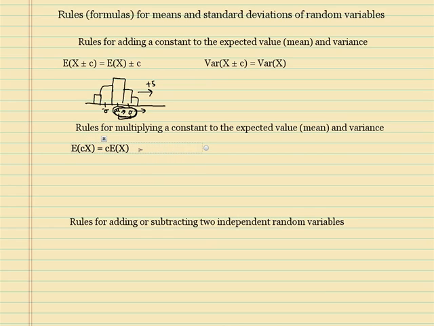The variance is a little different, because remember, the variance is the standard deviation squared. We always do variance. So if that's c times the random variable, this is going to be c squared times the variance of x.